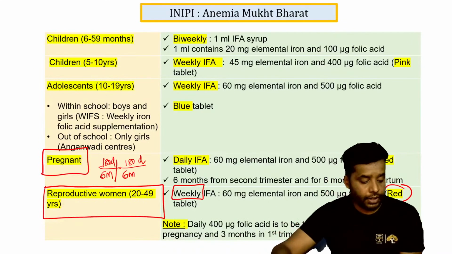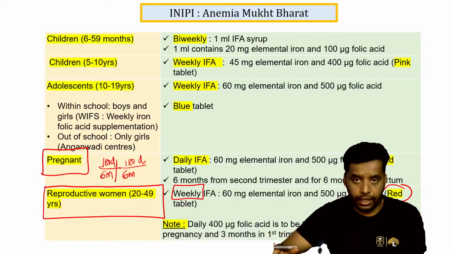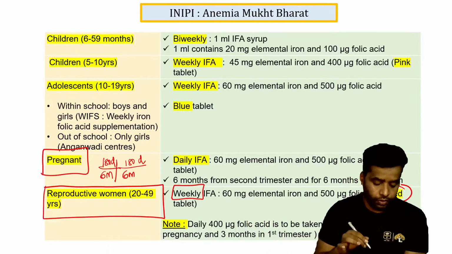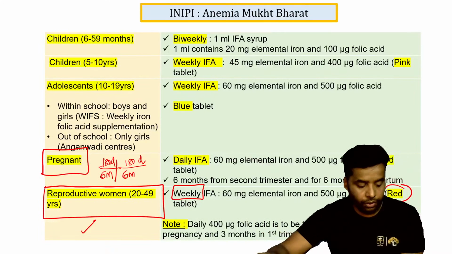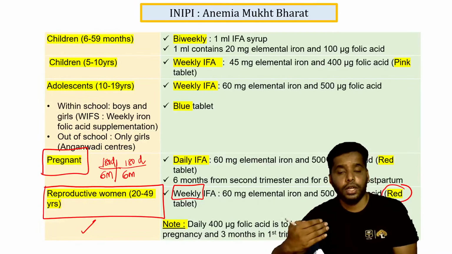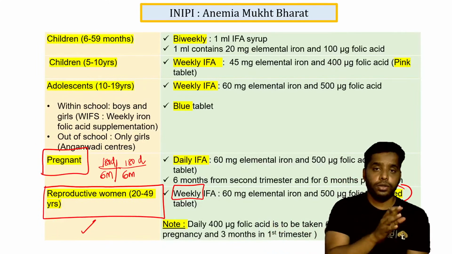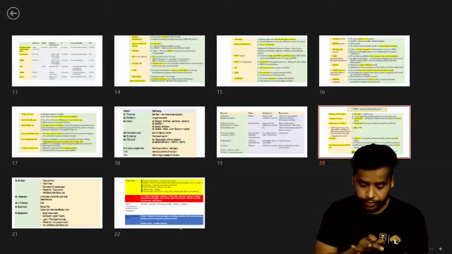Pregnancy is daily from the second trimester. Reproductive women get a weekly red tablet, and they will separately get periconceptional folic acid around conception to reduce neural tube defects.